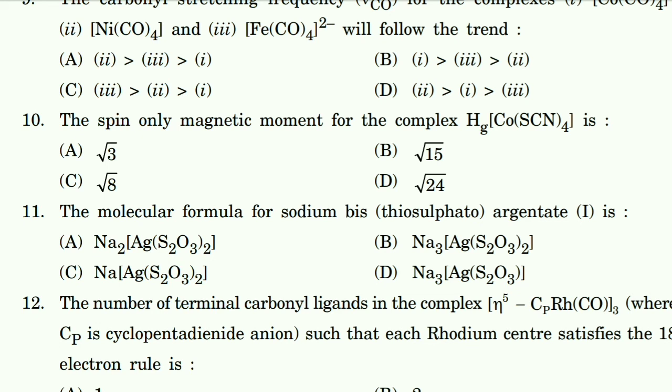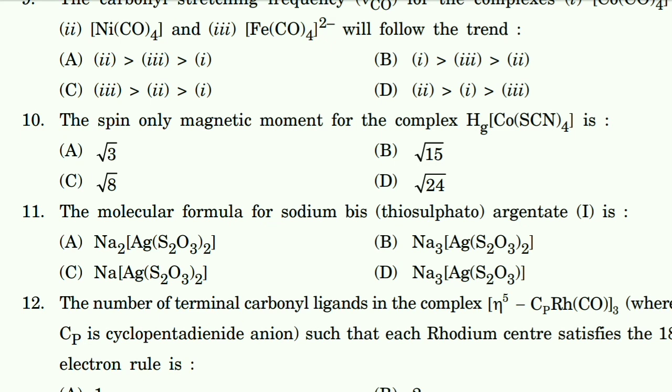In the d7 case, in tetrahedral geometry, filling electrons, the e set has 1 2 then 3 4 5 6 7, so 3 unpaired electrons are present in cobalt, which has the +2 oxidation state.